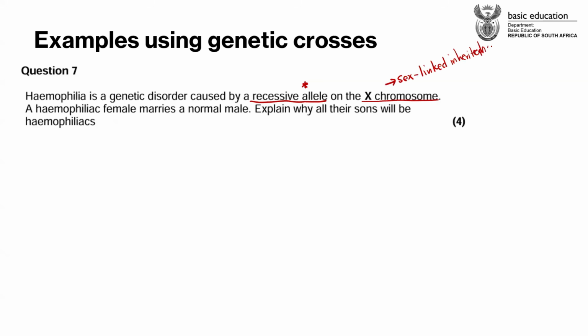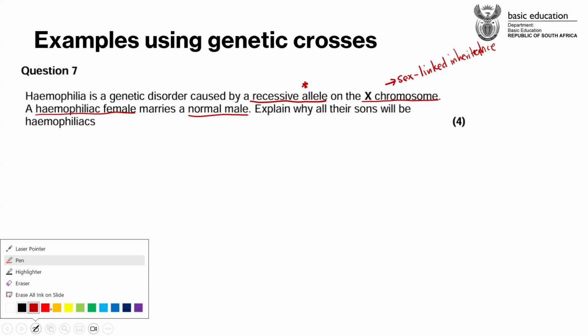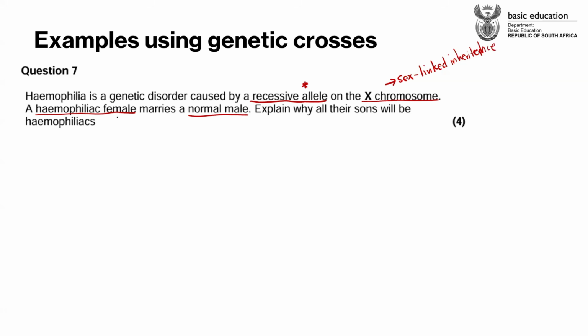So in this sex-linked inheritance scenario, they say we have a hemophiliac female marrying a normal male. Now explain why all their sons would be hemophiliacs. Before we even start explaining, let me hear what is the genotype for this female that is hemophiliac.